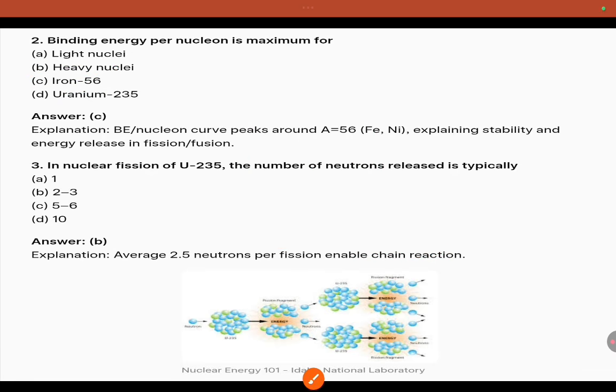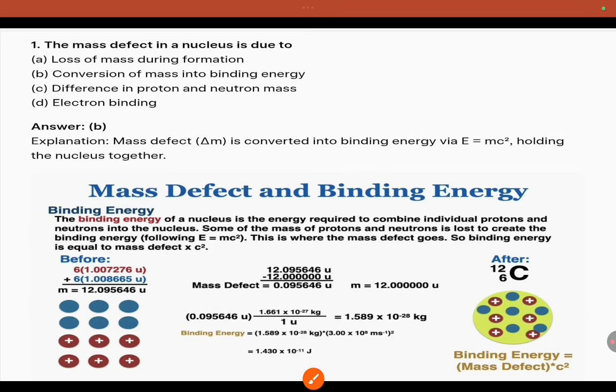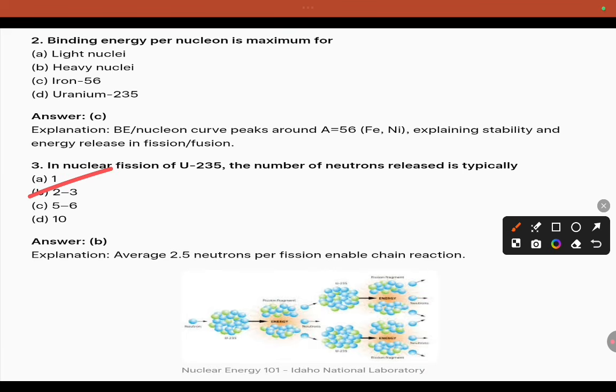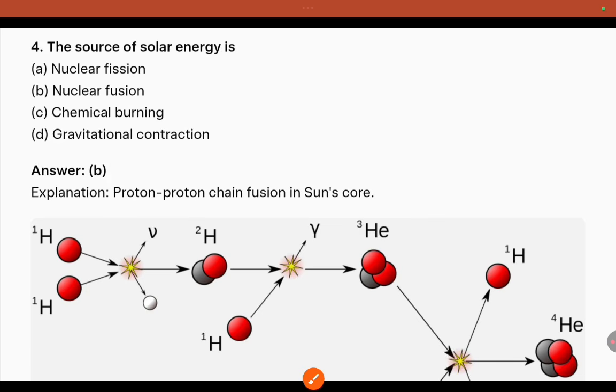So your answer is B. Coming to the fourth one, the source of solar energy. The options are fission, nuclear fusion, chemical bonding, gravitational contraction. So your answer is nuclear fusion, where hydrogen gives rise to helium.